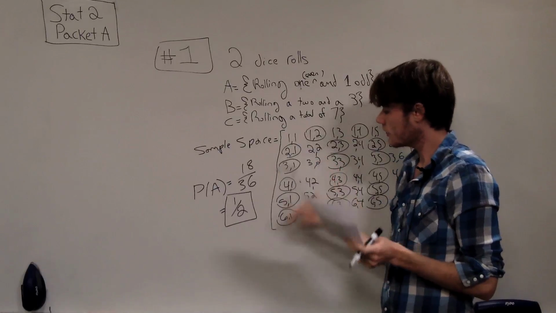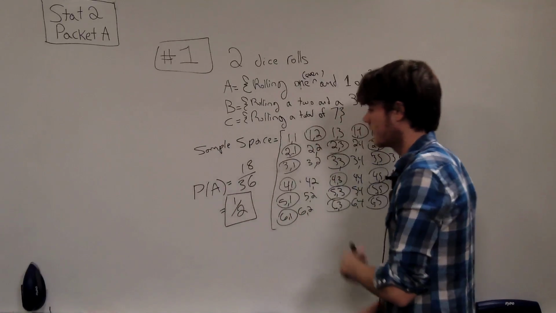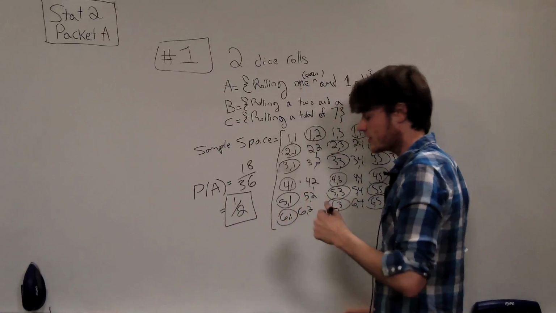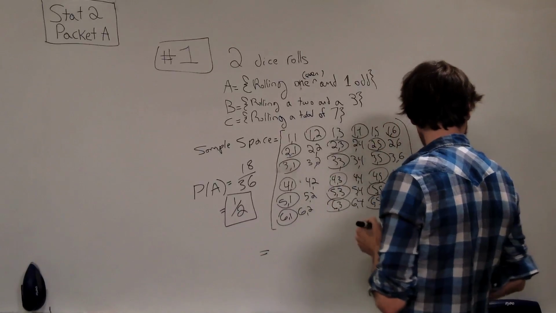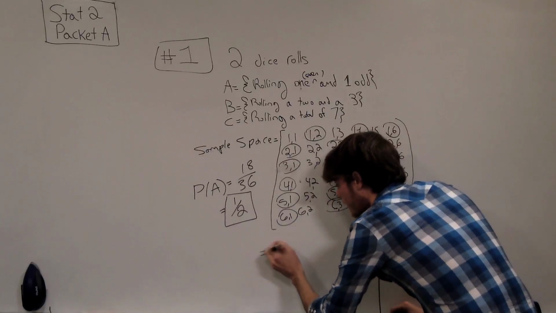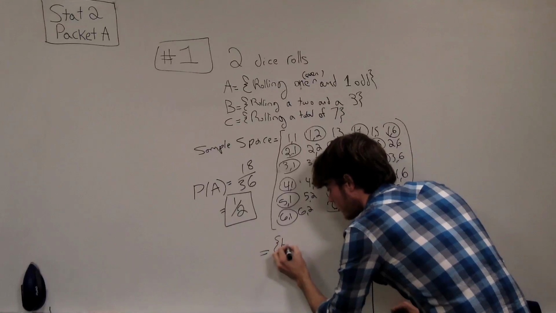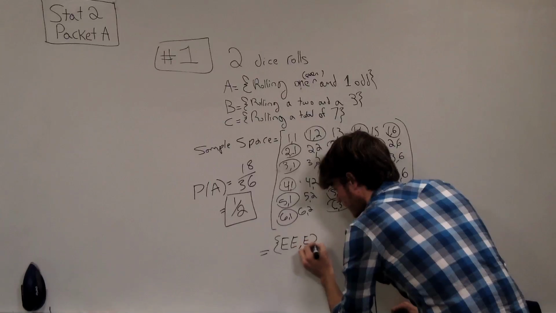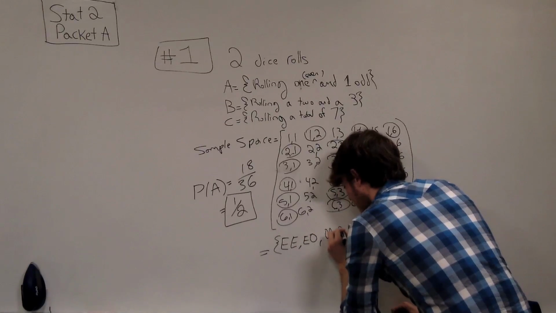Alternatively, you could have looked at an equivalent representation of the sample space. You could rewrite it as all the possible combinations of even and odd: even even, even odd, odd odd, and odd even.